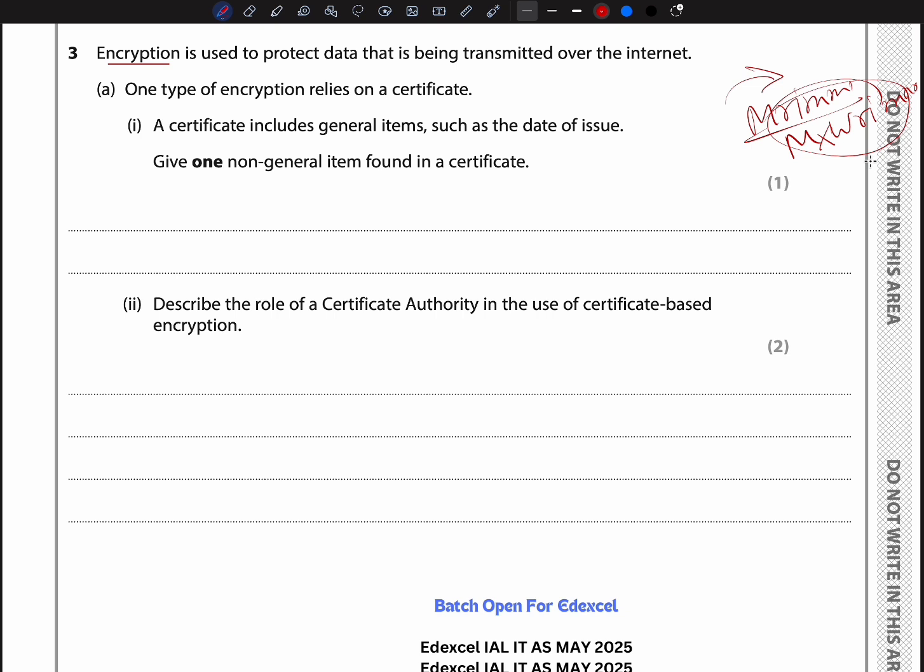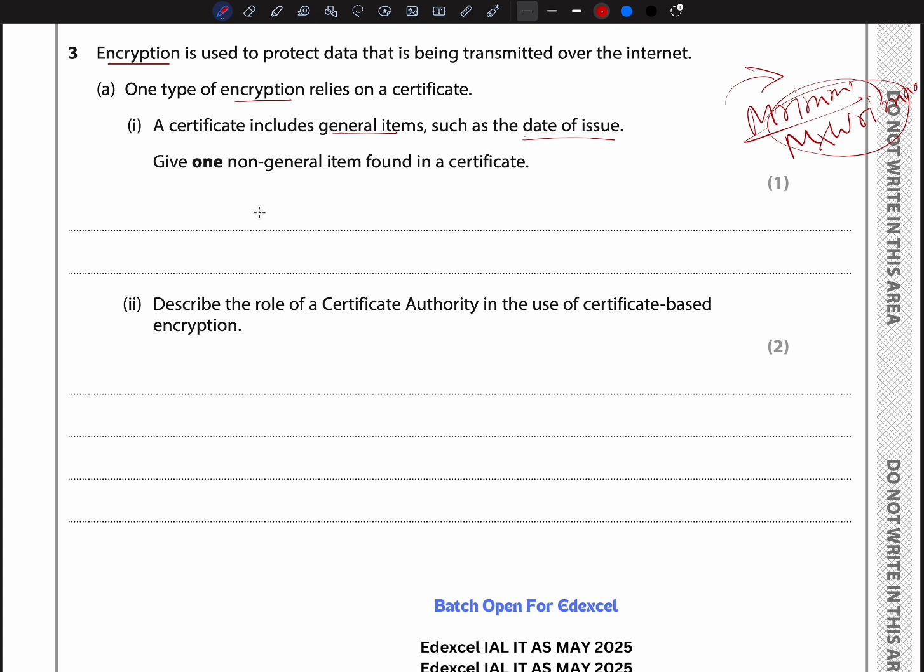That means they are providing you the encryption. Similar to that, the question here is saying that one type of encryption relies on a certificate. So a certificate includes general items such as the date of issue. Each and every certificate has this date of issue, right?